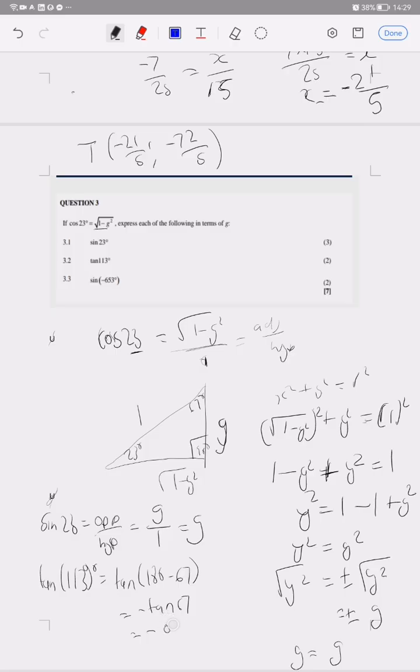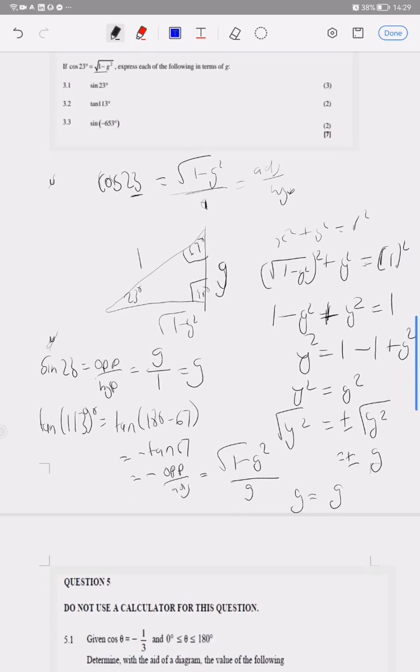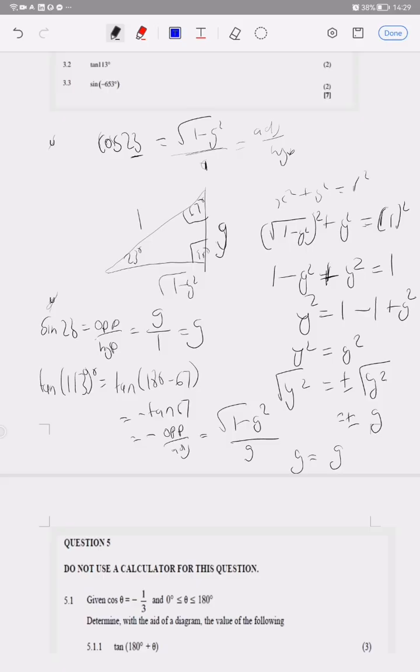It is opposite over adjacent. So I'm standing here. What is my opposite? It's just square root of 1 minus g squared. What is my adjacent? It is just g, right? I hope everyone understands.